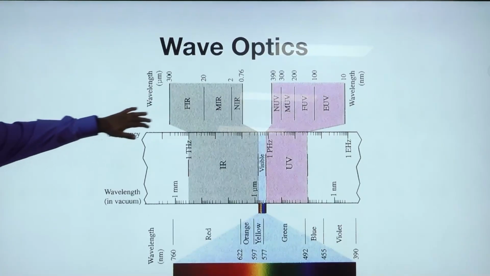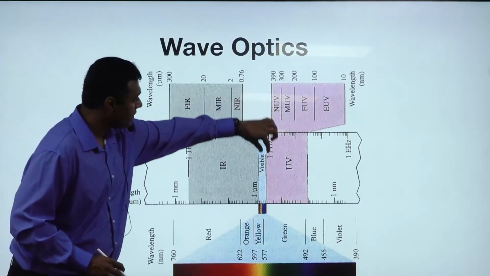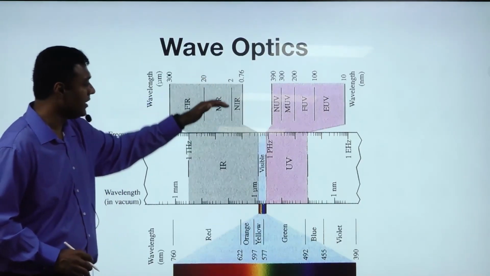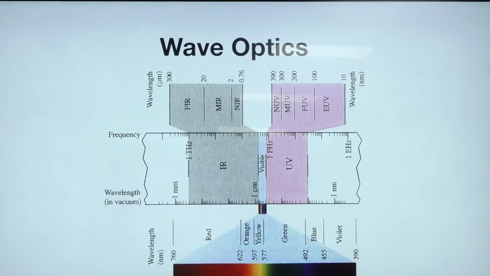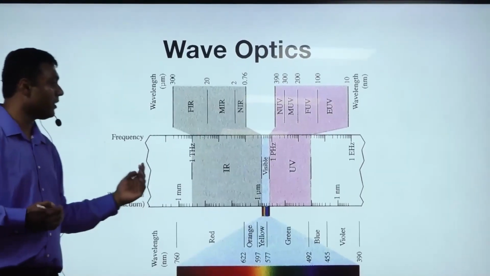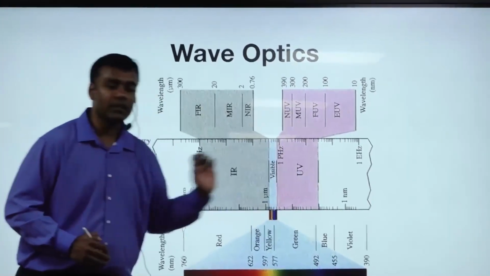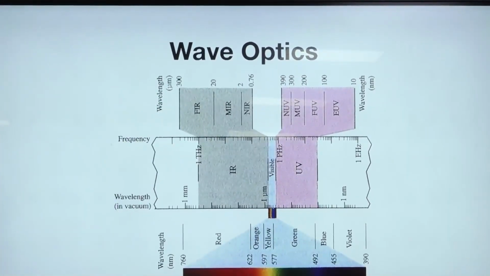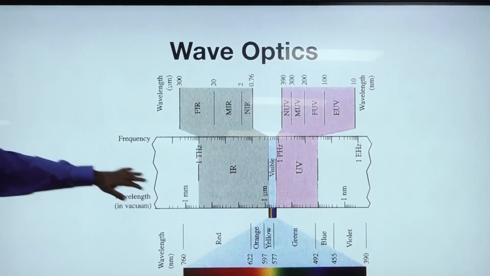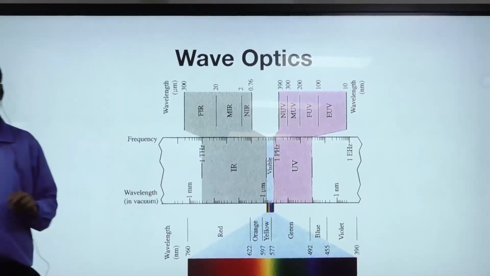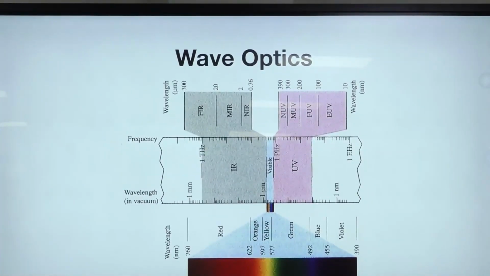So this is the visible region which our eyes can see, but we can use detectors of different sorts to see the infrared or the ultraviolet and beyond. Because we understand how this works, all the principles that we first figured out for visible light can also be applied for infrared and ultraviolet or any wavelength range.